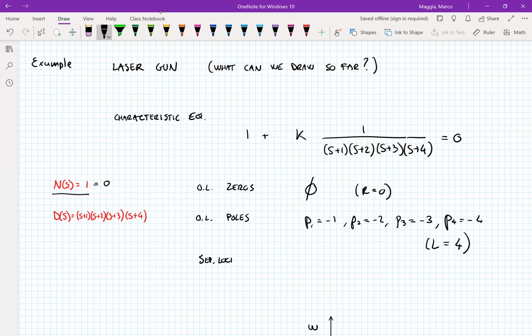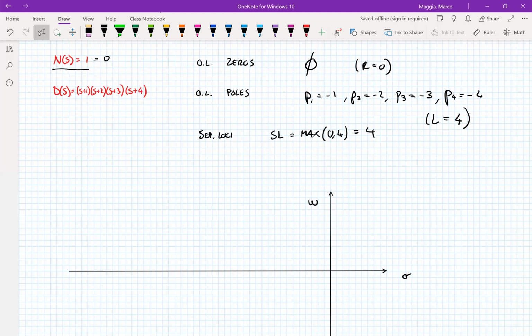So how many branches of the root locus are we going to have? Well, that's the maximum between 0 and 4, which is definitely equal to 4. Furthermore, we have more open loop poles than open loop zeros. L minus r is equal to 4.